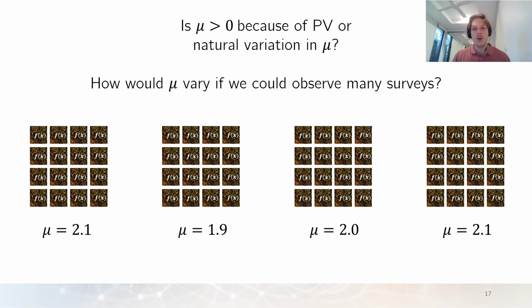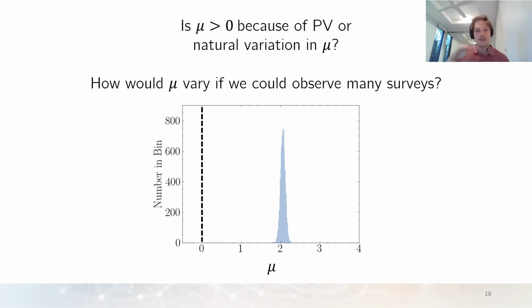So what we can ask is, how would mu vary if we could observe many such surveys? For example, if we looked at our survey and data, we might see that mu is equal to 2.1. If we could magically observe the same thing again at a different part of the universe, maybe we'd see that mu is 1.9, and then again 2.0, 2.1, and we can start to build up a distribution of how mu varies across all these many surveys.